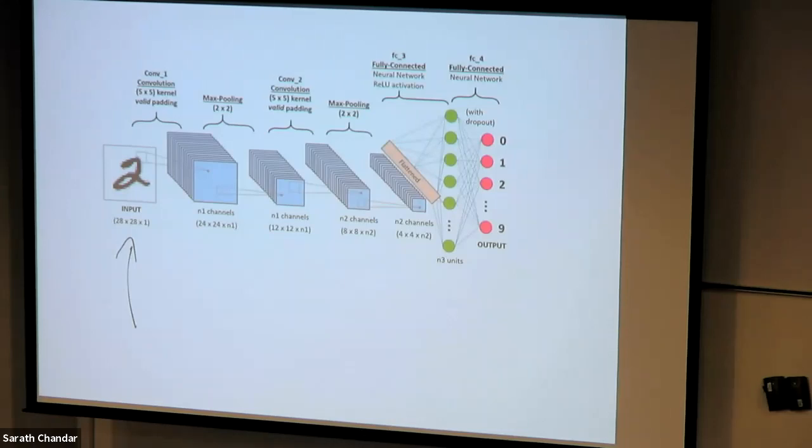In this case, this is a grayscale image of 28 cross 28 pixels. But imagine you have an RGB image as input, then you are going to have 28 cross 28 cross 3 channels, RGB.